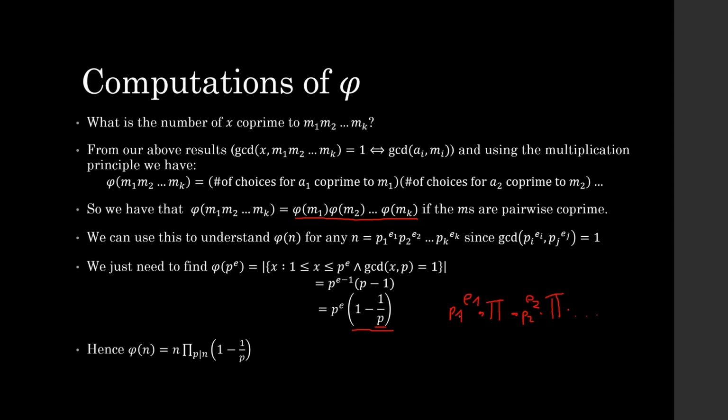In the end, that gives me p1 to the e1 times p2 to the e2 and so on. You can combine those together to get n exactly, so that's the n we have here. And the other terms are going to combine in one massive product, where we consider all the p's that divide n, so all the prime divisors of n. And that's just going to be the product of that term that we have inside here. And so that's an explicit way to compute phi of n.